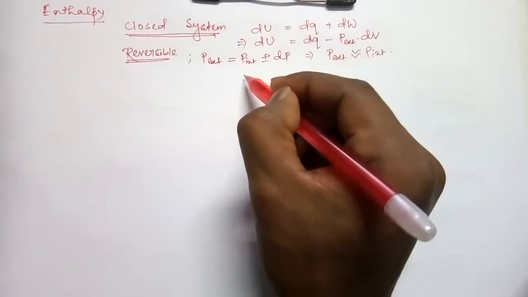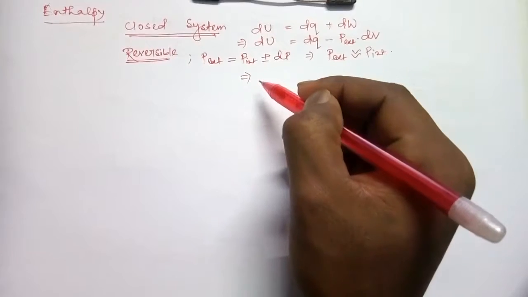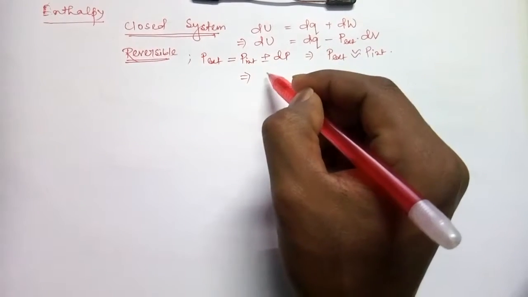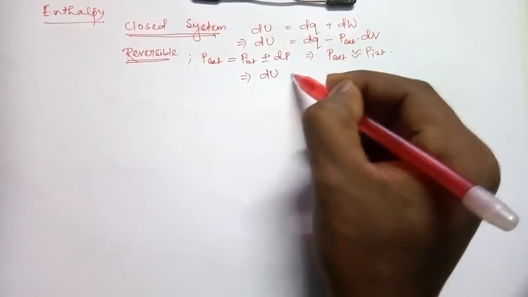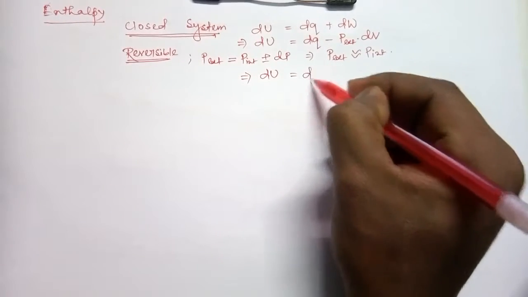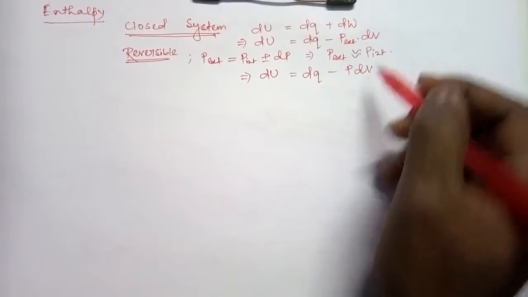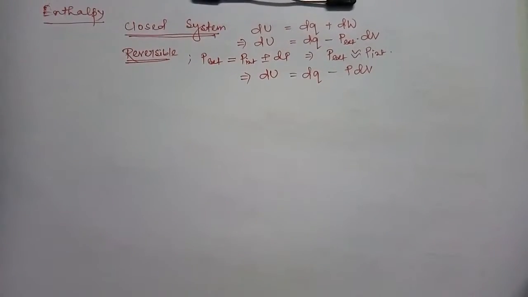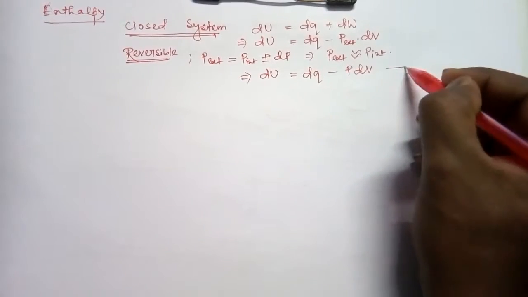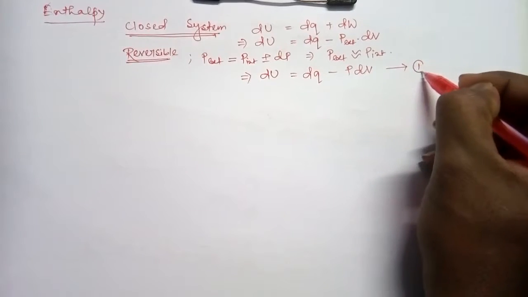That means we can write for a reversible closed system, the first law as dU equals dq minus PdV. Right? So this we can say is equation number 1.